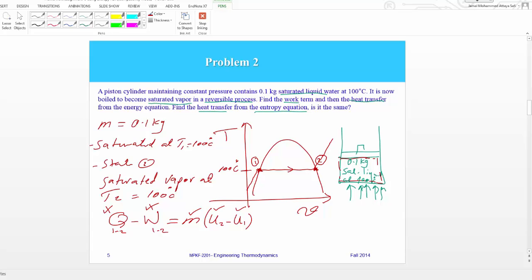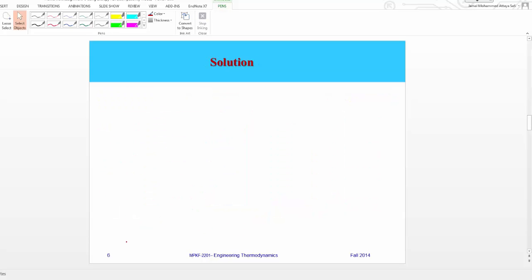So the challenge now is that either you need to calculate the work so you can calculate Q, or you can calculate Q so you can calculate the work. So let's try to calculate the work. What is the work?